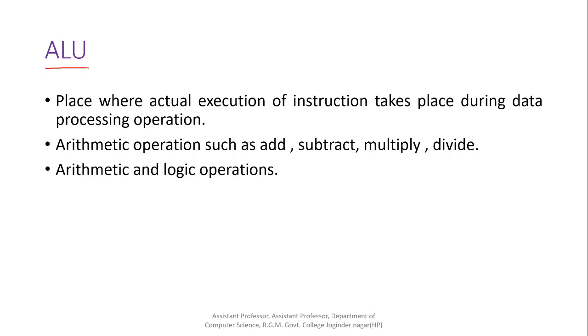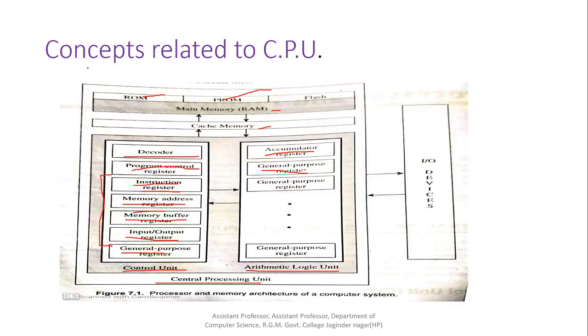As shown in this figure, the arithmetic logic unit has some special purpose registers whose function I will discuss later on in the next slides, and there is some necessary circuitry in this block diagram to carry out all the arithmetic and logical operations included in the set of instructions supported by the CPU.